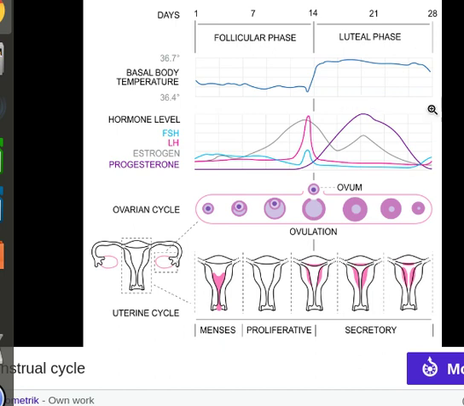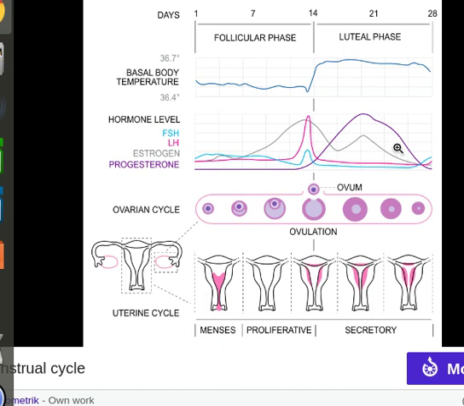Now, in the second phase, the luteal phase, maintenance of the uterus lining, after this egg is released, which 2 hormones fall back to their original levels? Yes, LH and FSH. They don't have anything else to do in this cycle anymore. There is also another hormone that has fallen back to its original level.